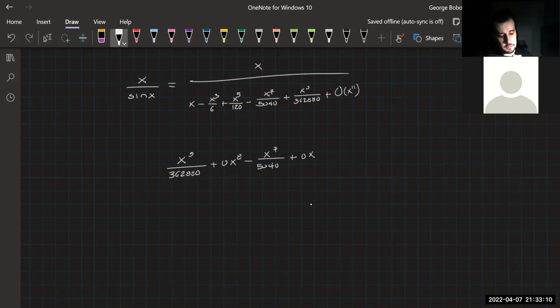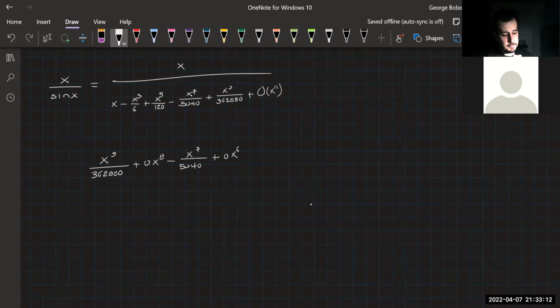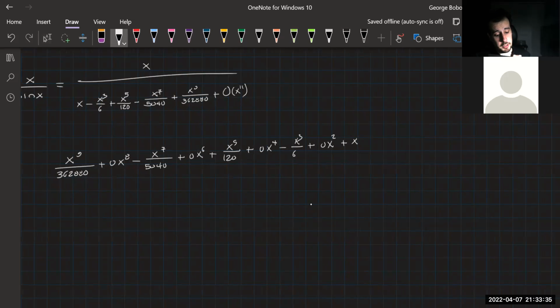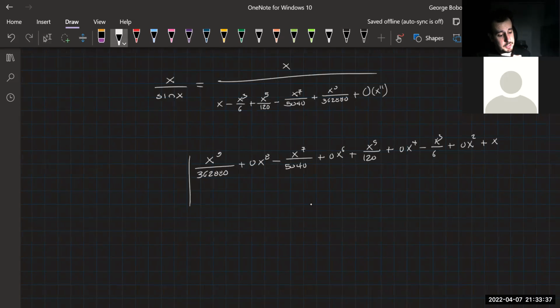Plus 0 times x to the 6th, plus x to the 5th over 120, 0 times x to the 4th, x cubed over 6, plus 0x squared, plus 1 times x. And that's it. And we're dividing that right now. We're having x essentially divided by that.